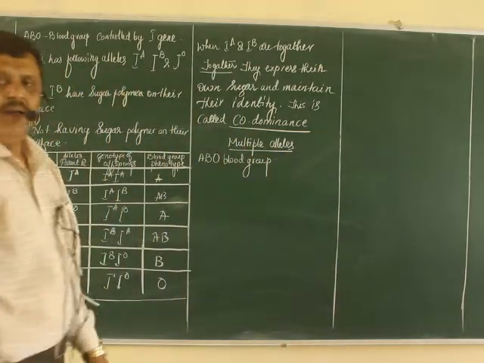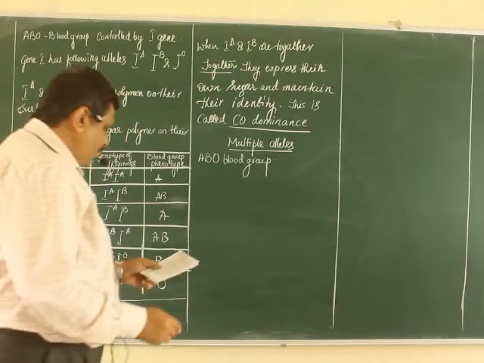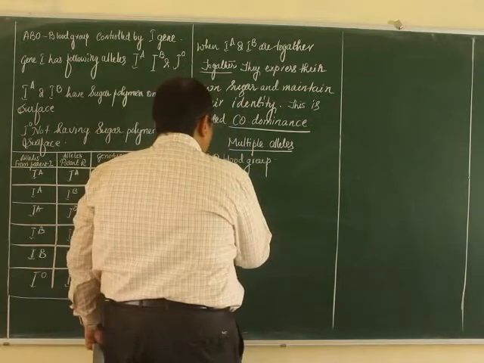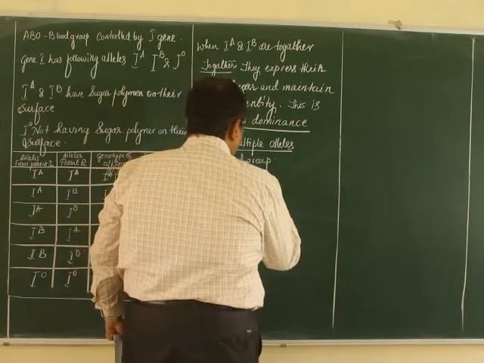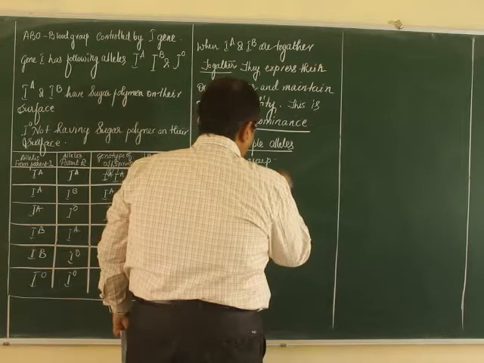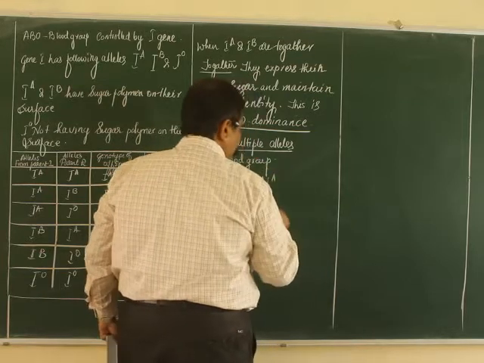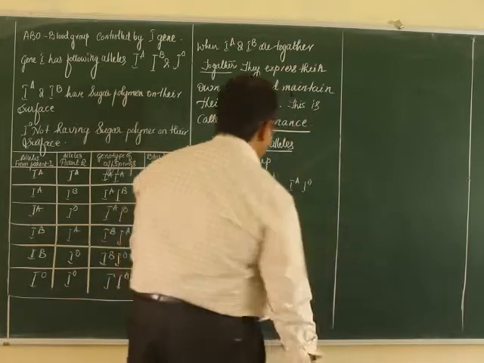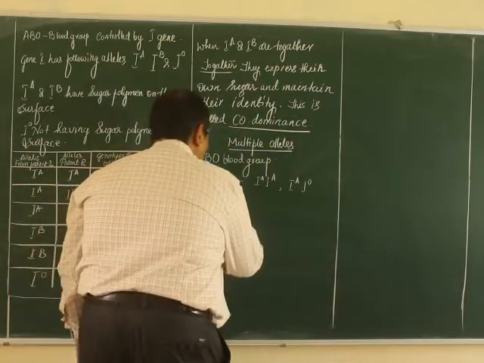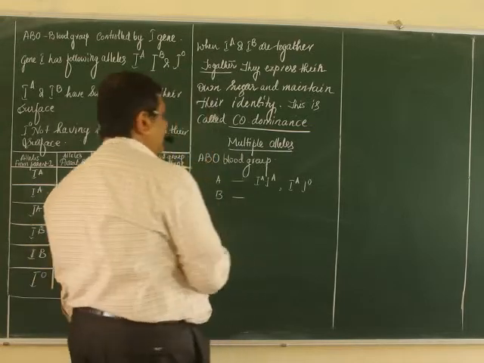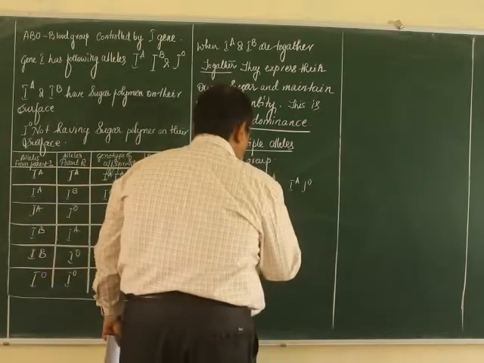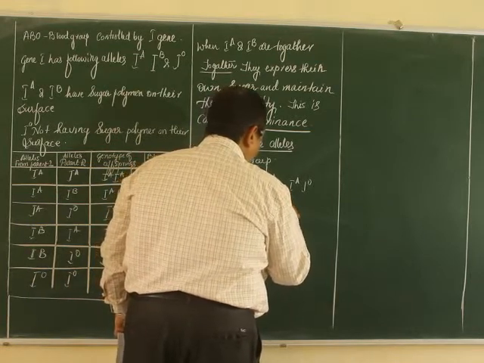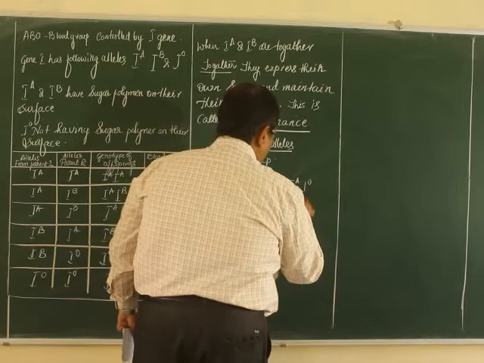The best example for multiple allelism is the ABO blood group. The alleles of A blood group will be IAIA in homozygous condition and IAIO in heterozygous condition. The genotype of B is IBIB or IBIO.